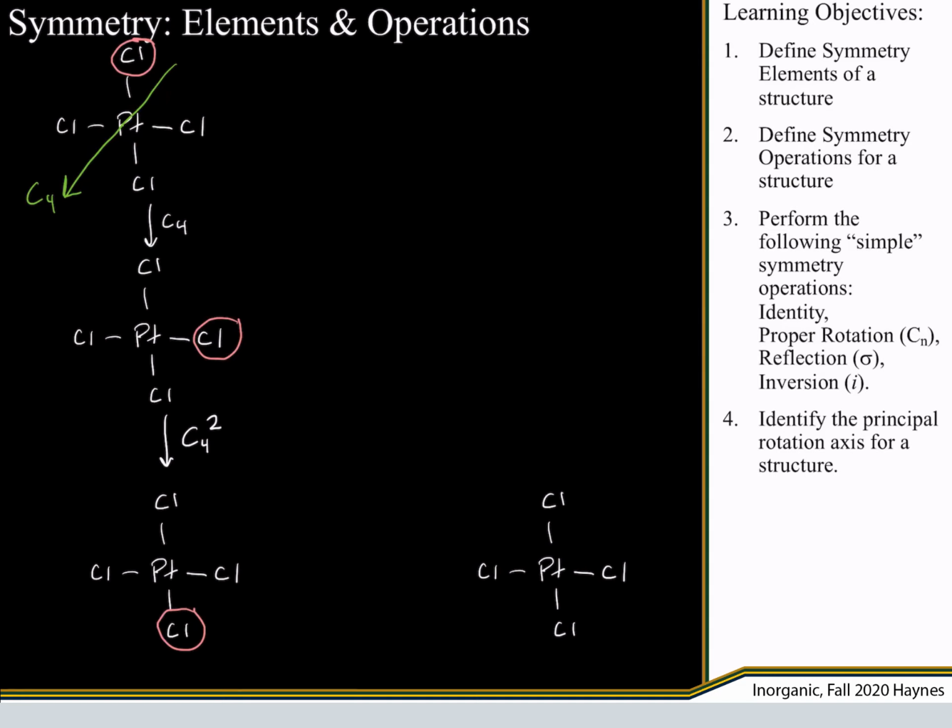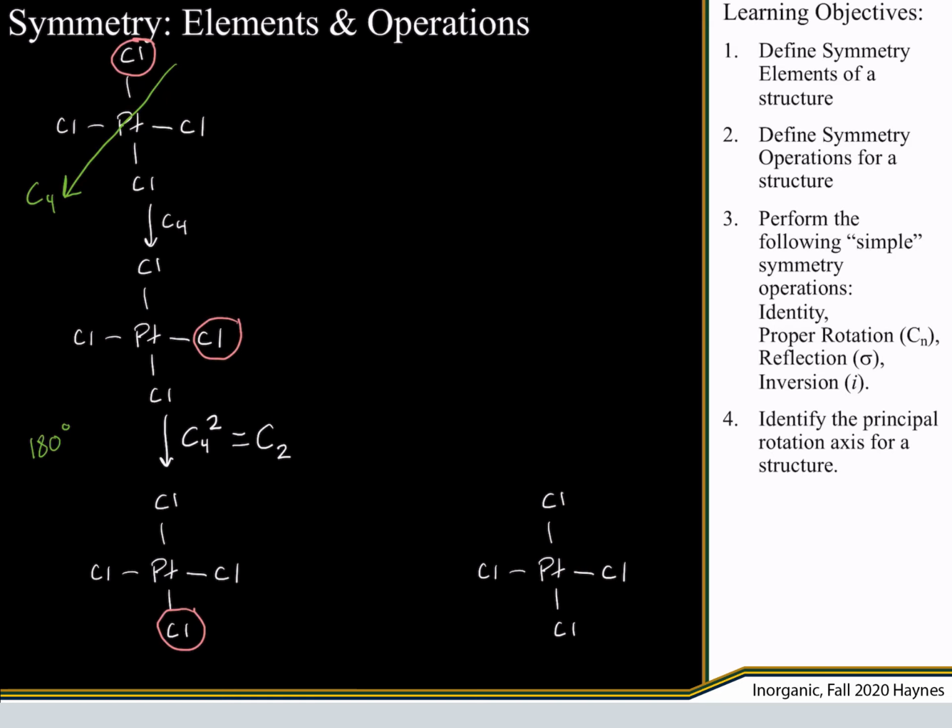Now, what you might have noticed is that this rotation is actually what we call a C2, right? If we had rotated this molecule 180 degrees from where we started, this would be a C2 rotation. And in fact, we always want to use the lowest number that we can to describe one of these rotations.